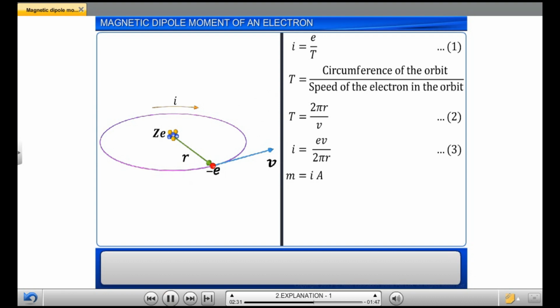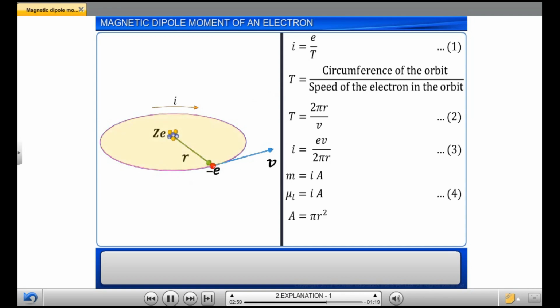It is denoted by the Greek letter μL. The subscript L in μL indicates that the magnetic moment is of an orbital nature. Thus, the magnetic moment of the orbiting electron, μL, is equal to the product of the current I and the area of the orbit A. Let this be equation 4.